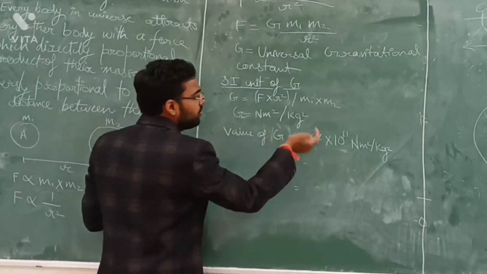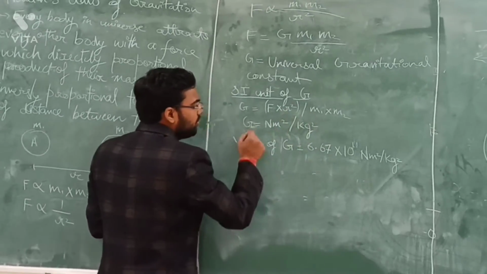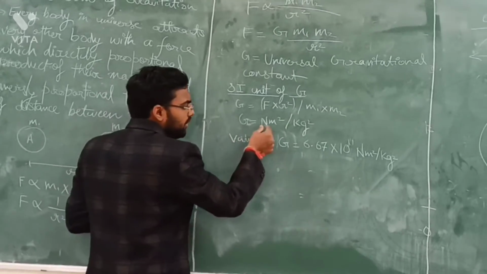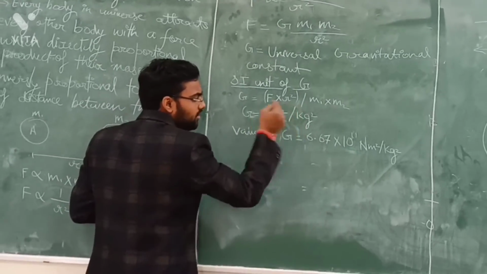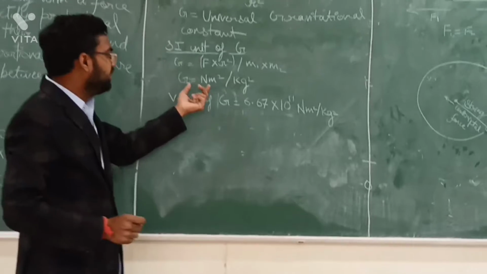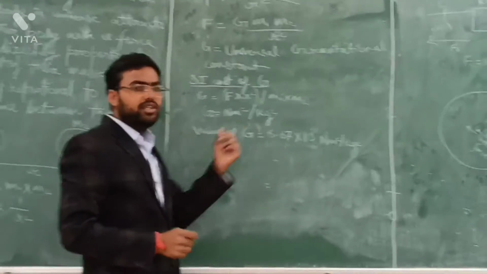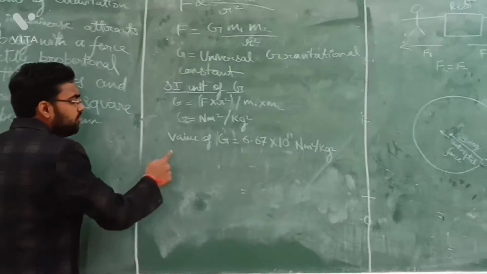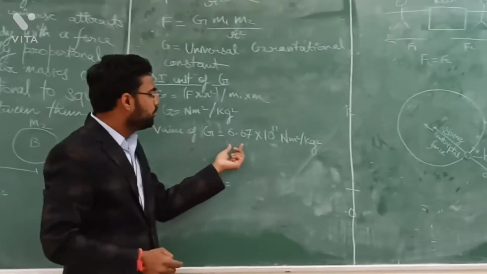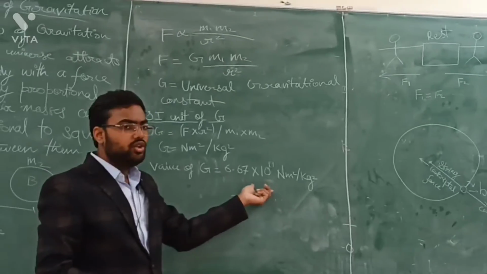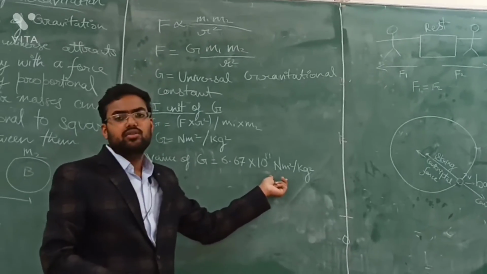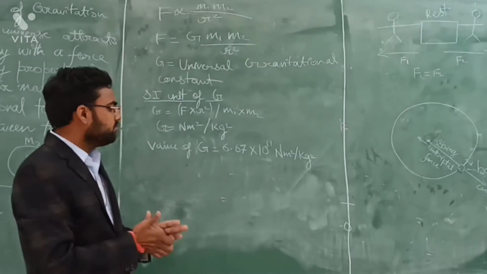Now, putting the SI units of these quantities, we get G is equal to Newton meter square per kg square. The SI unit of G is Newton meter square per kg square. The value of G is 6.67 into 10 to the power minus 11 Newton meter square per kg square.